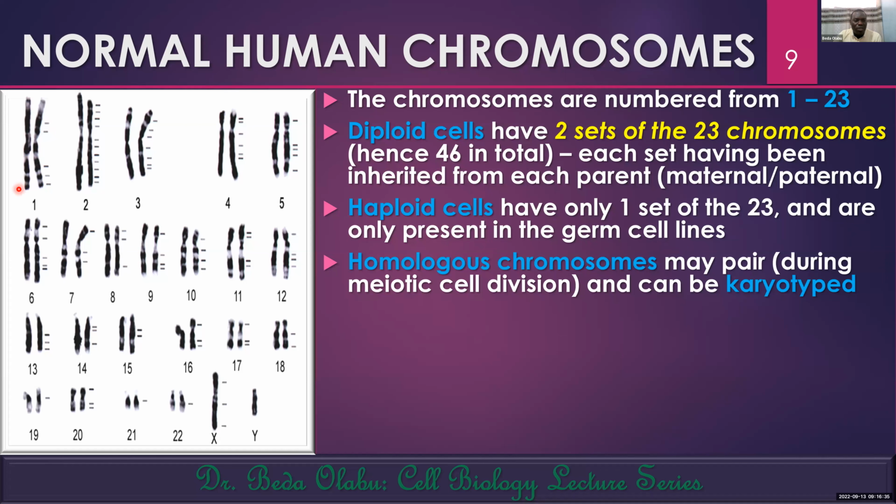One was of paternal origin, the other perhaps maternal origin. So usually these homologous chromosomes pair during metaphase 1 of cell division during meiosis. And it is because of that concept that chromosomes can actually be karyotyped.